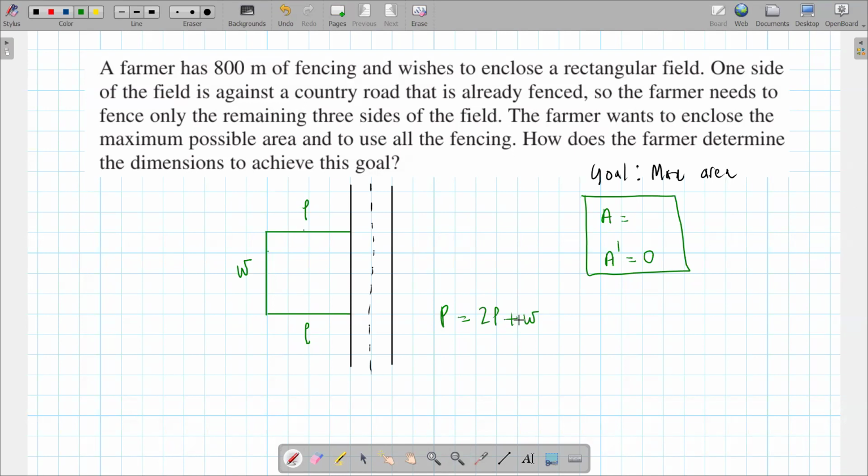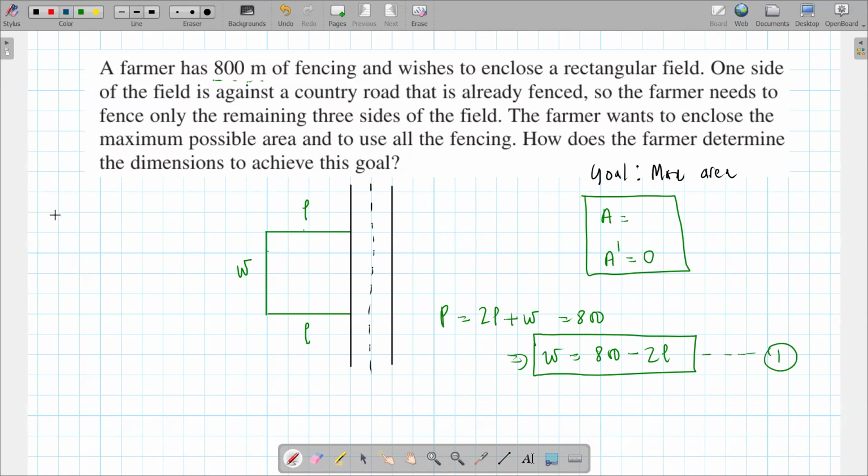How much fencing do we have? 800 meters. So 2L plus W equals 800. Now let's solve for either W or L. W would be 800 minus 2L. Keep that in mind. I'm going to call this equation 1.